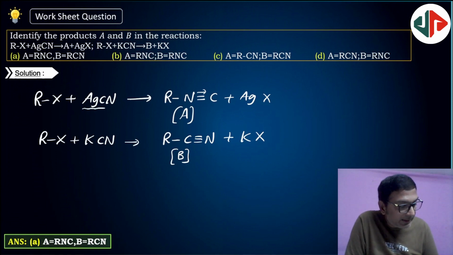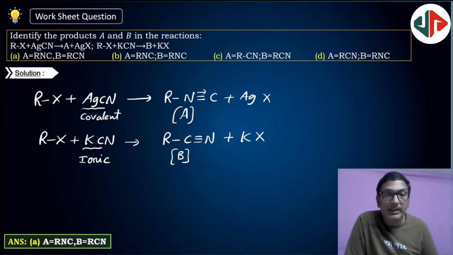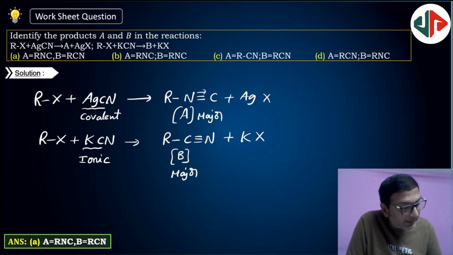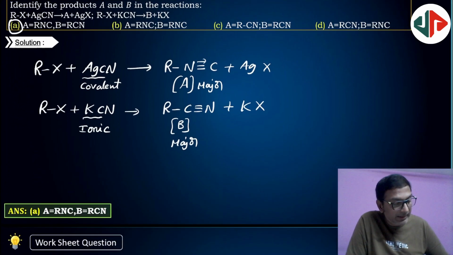So this bond is here covalent and this bond is here ionic. So cyanide, isocyanide. Here B is cyanide, here A is isocyanide. Option A. First isocyanide, next cyanide. Next.